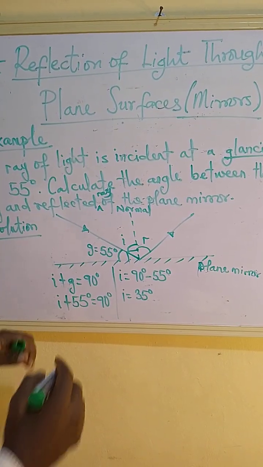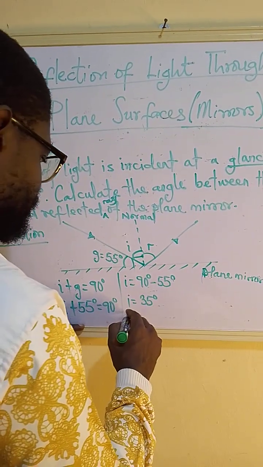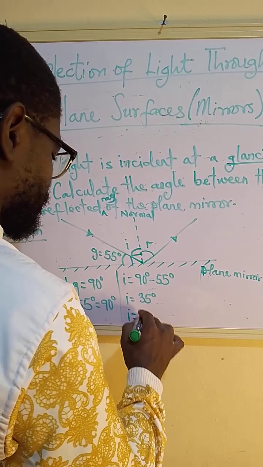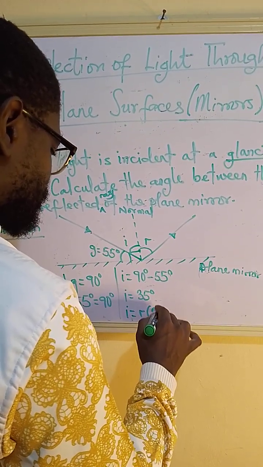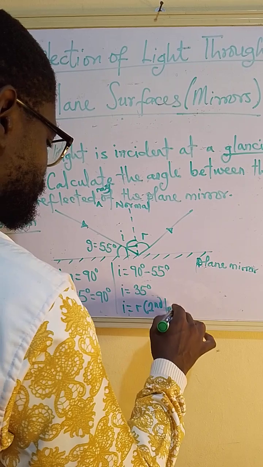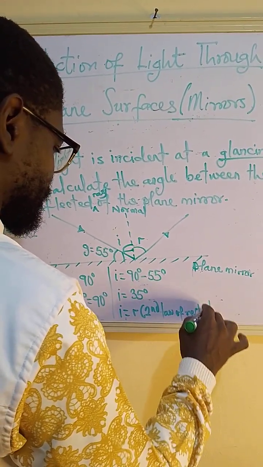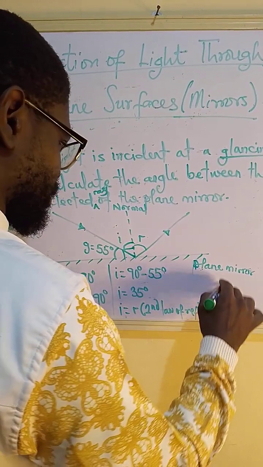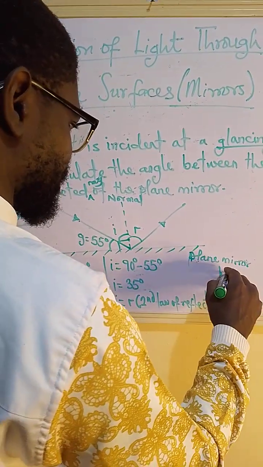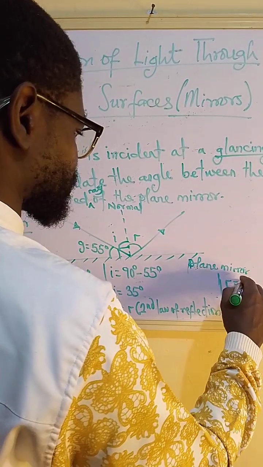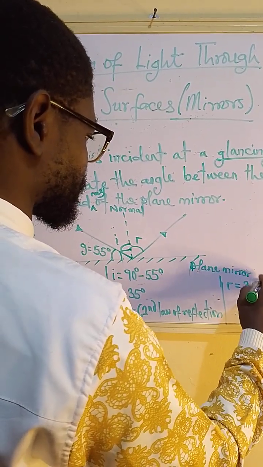Now from the second law of reflection, my angle of incidence equals angle of reflection. So definitely my angle of reflection will also be what? 35 degrees.